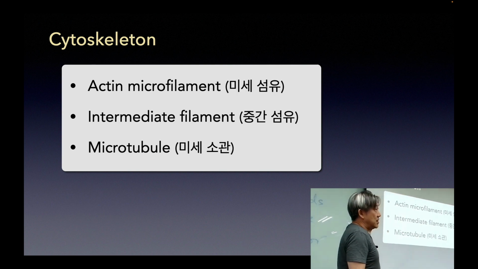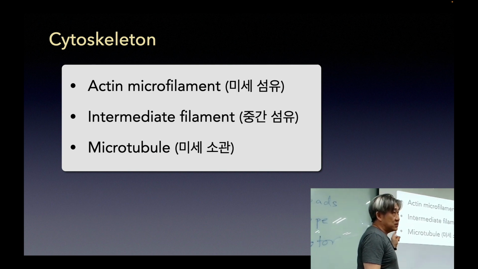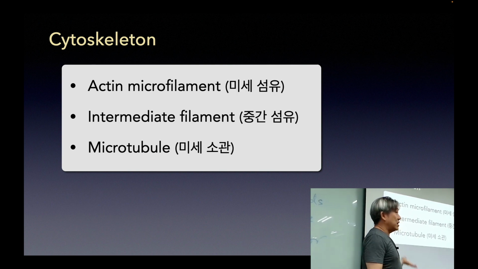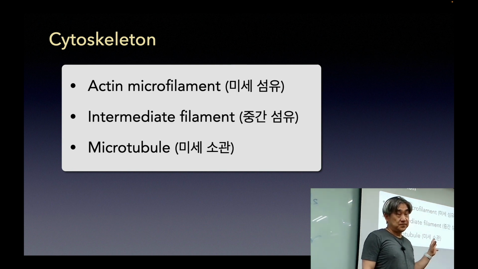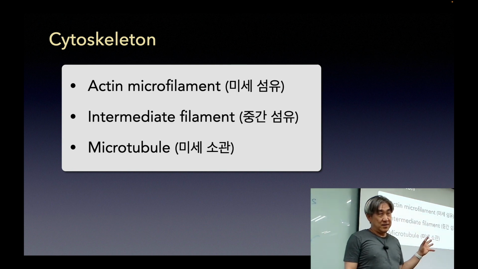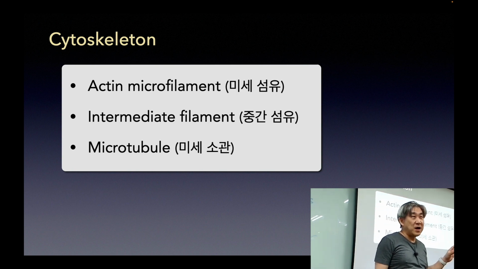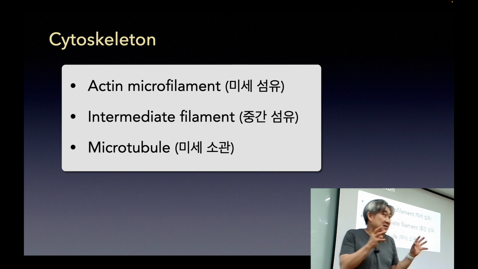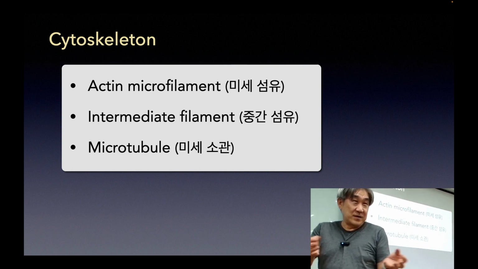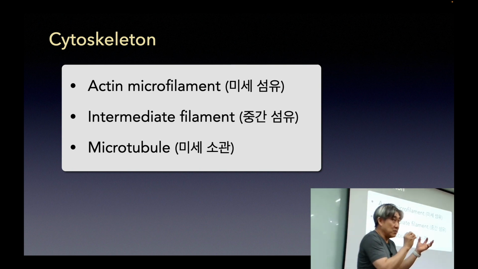Another common characteristic shared by all three types of cytoskeletons is that these are polymers. Once again, do you still remember the definition of polymers? All those polymers must be assembled starting from what? Individual units we call monomers.